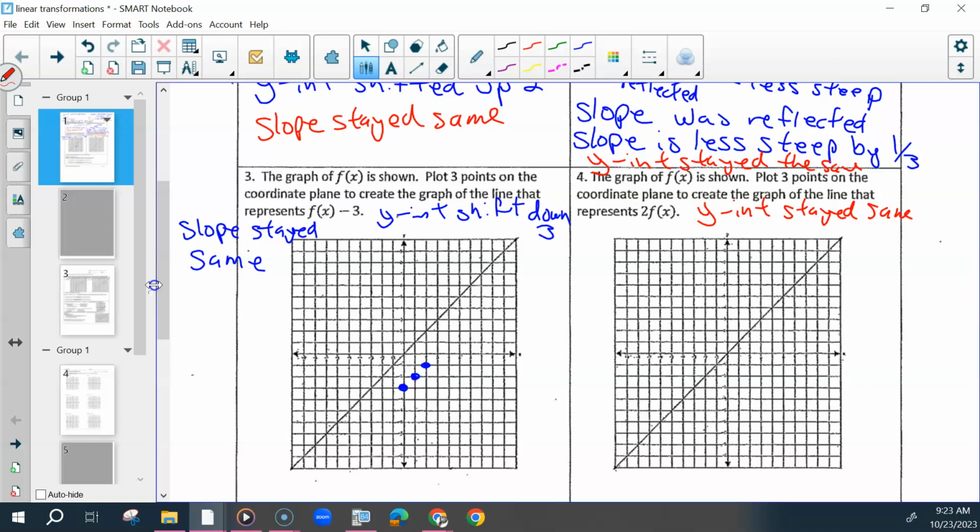Which of the 3 transformations happened? So it got steeper. If it was reflected, that would be a negative. It multiplied by 2. 2 is greater than 1, so the slope got steeper. So the slope is steeper by 2 or by a factor of 2.